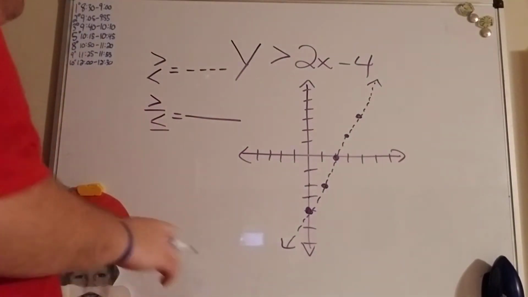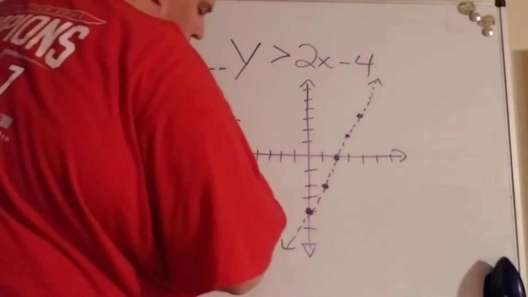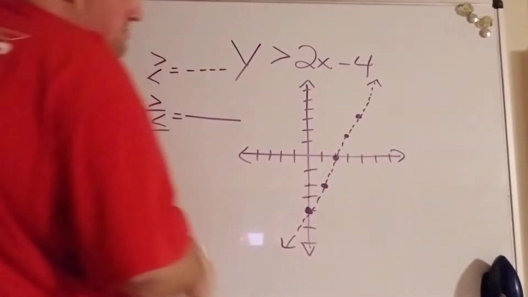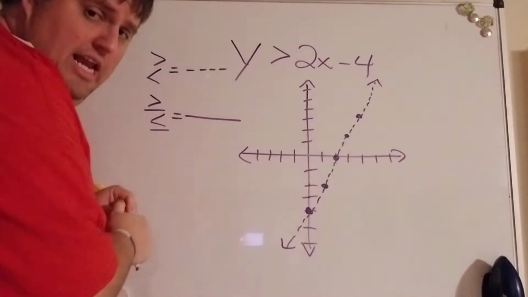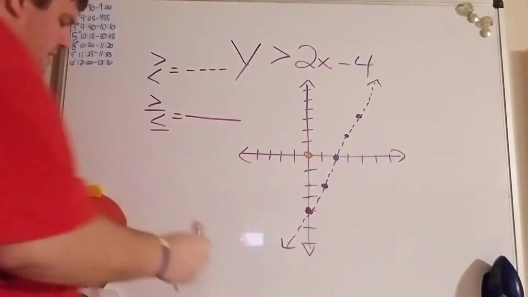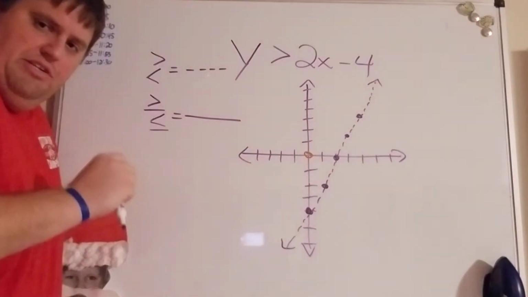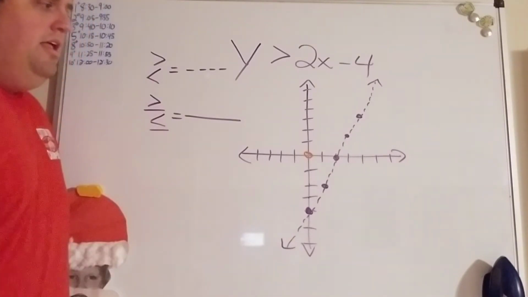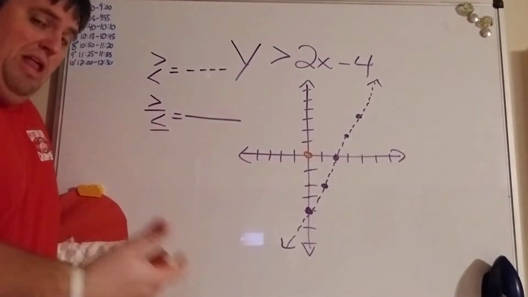To tell, you're always just going to select a point to try. The easiest point that you will ever get in any equation is 0, 0. So if your line does not go through 0, 0, I would tell you to pick 0, 0. You can't pick a point if your line goes through it.